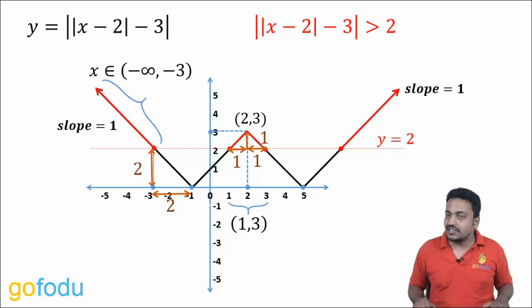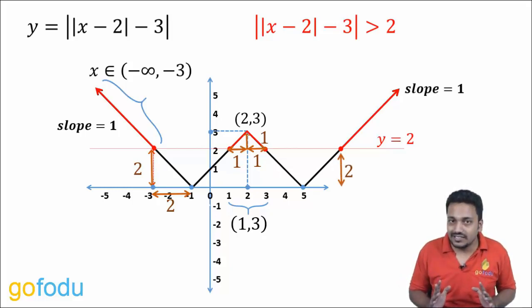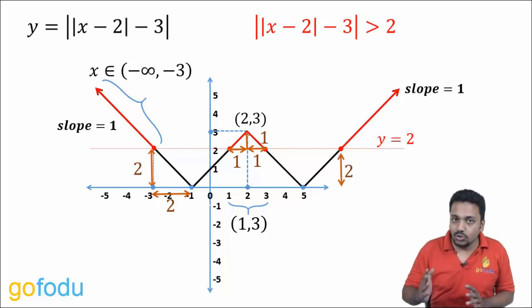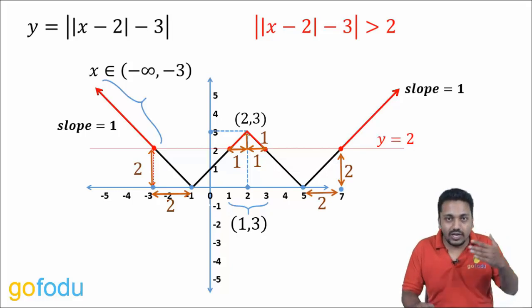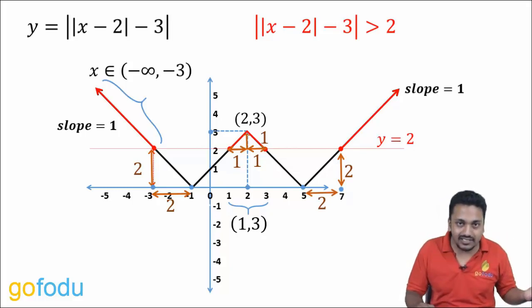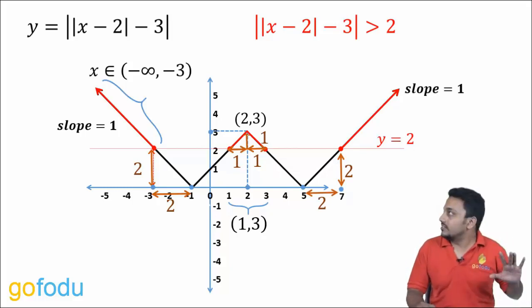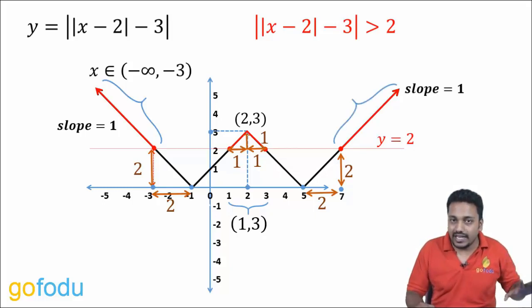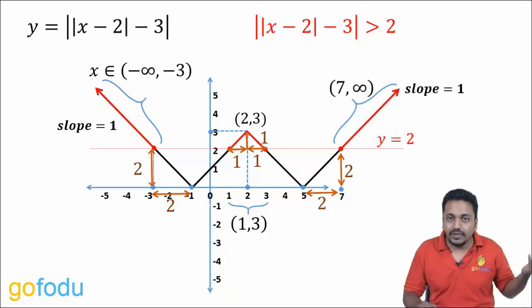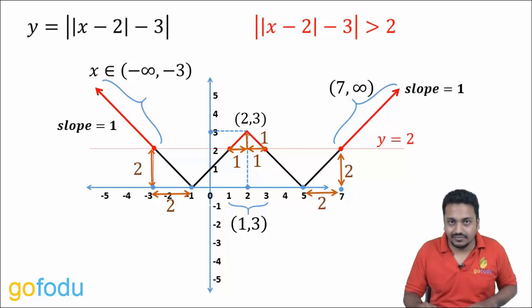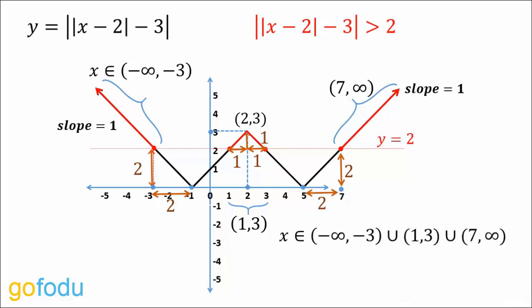Last but not the least, this height is 2. So 2 units to the right of 5 is 7 on the x-axis. So coordinates for this region are x belongs to 7 to infinity. Now taking the union of all these regions that we have got, this is our final answer.